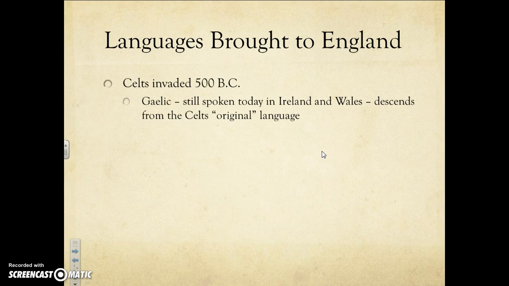The Celts invaded about 500 years BC, before Christ. The Celts brought Gaelic, which is still spoken today in Ireland and in Wales, which descends from the Celts' original language. So the Celts were a people with their own culture and their own language, and they were considered the first inhabitants of the English Isles.